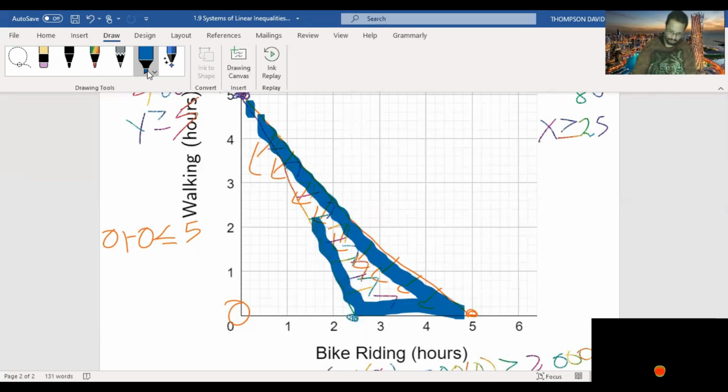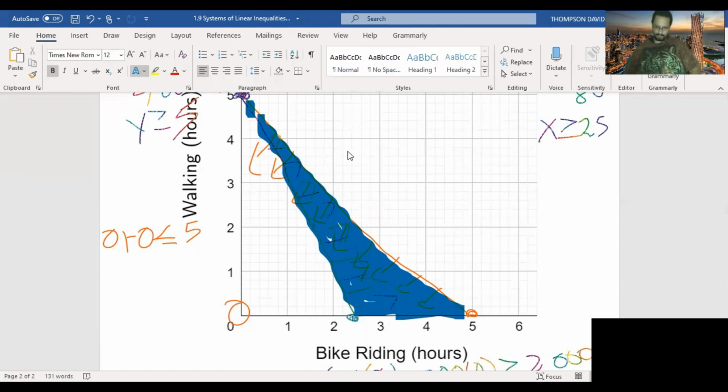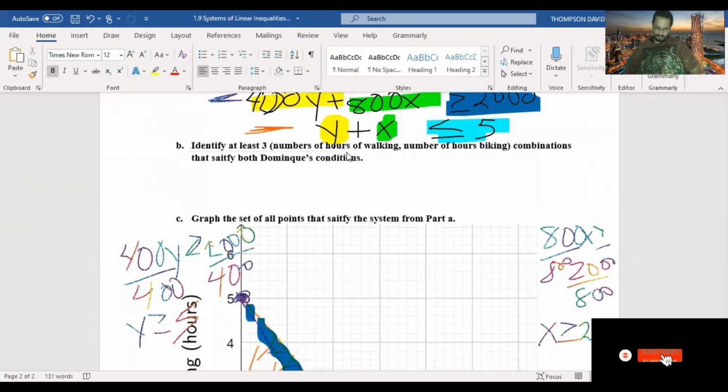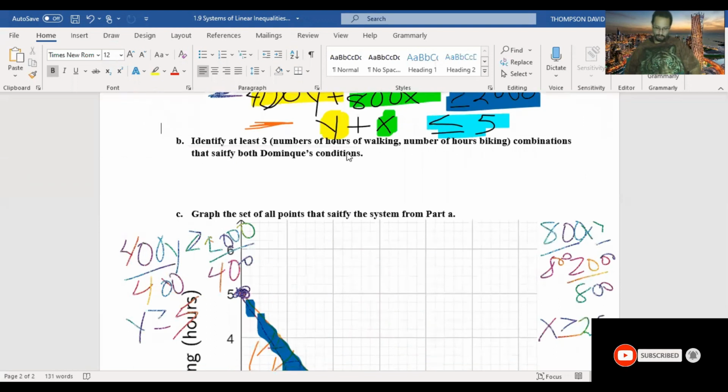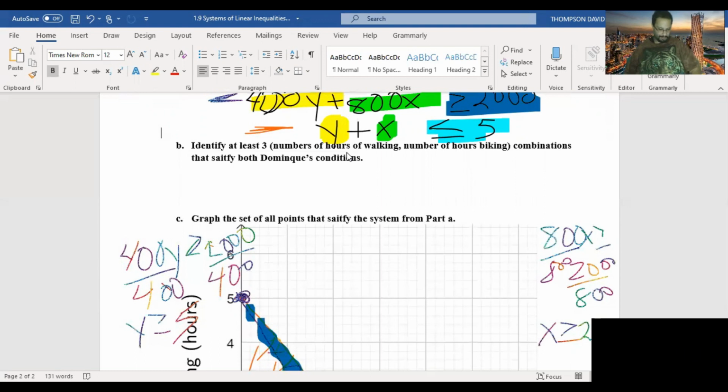So we've graphed it. We already handled part C. Now all we have to do is find some points that work for part B. It says to identify at least 3 combinations of number of hours of walking and number of hours biking that satisfy both of Dominique's conditions.